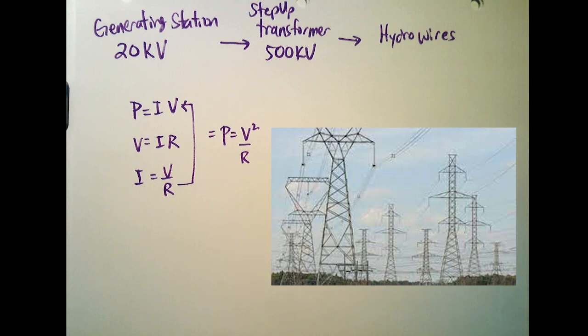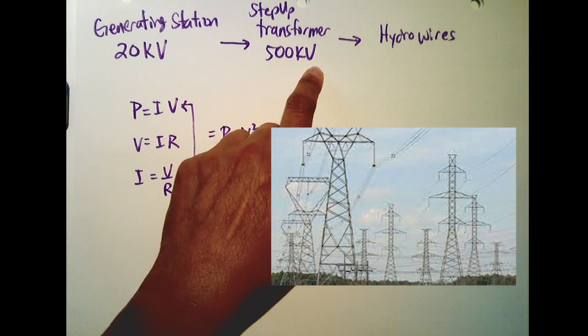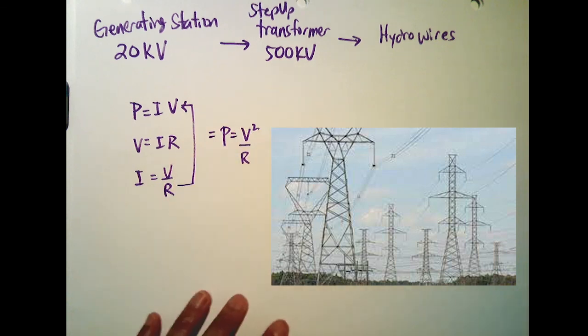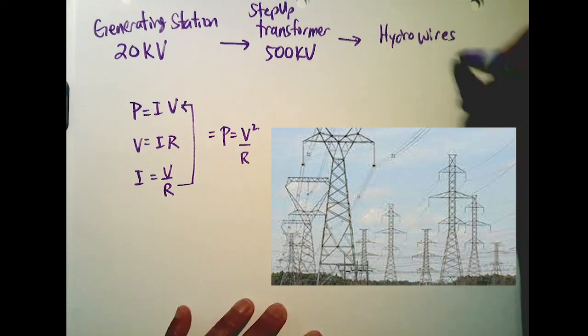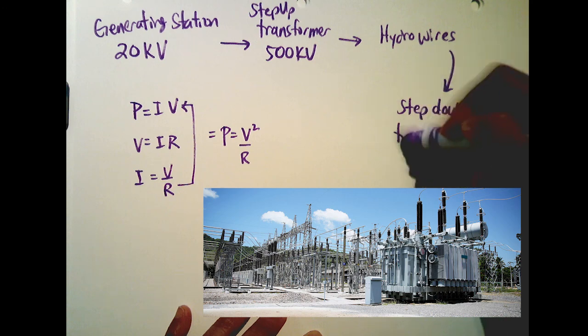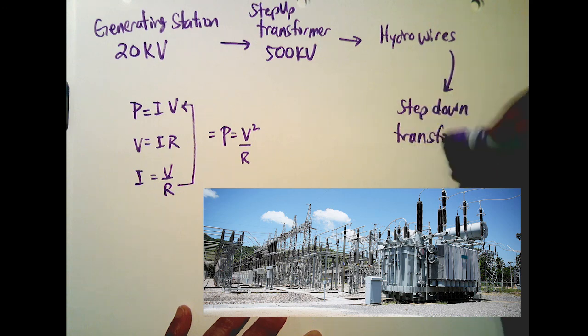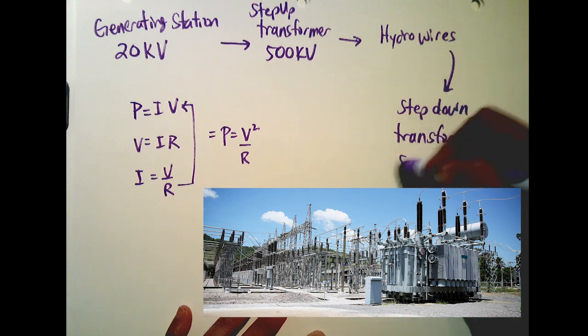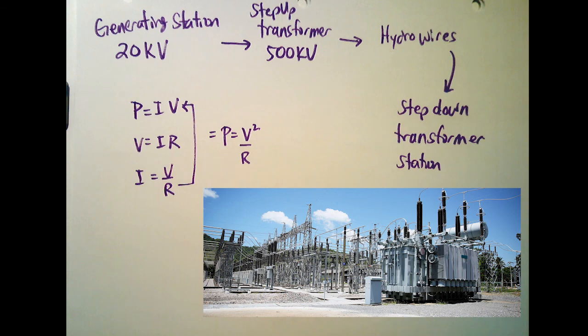And then once it gets to your house, you can't have 500 kilovolts of energy in your house. So that's a lot. Typically, your house has 240, all right, and your outlet has 120, all right. So you need a step down transformer, okay, and they have a station. So this here is a typical station that you would see in your neighborhood.